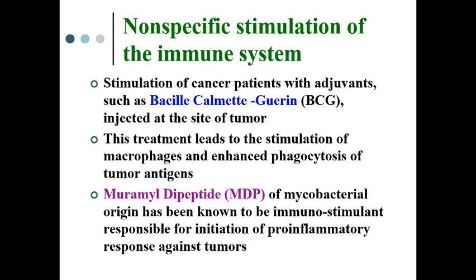The macrophages being antigen presenting cells, since they invade the tumor area because the BCG is being injected there, they will start engulfing the tumor cells which are dead, as well as they will start processing the antigens of the tumor and start presenting them to the T lymphocytes, especially CD4 T cells as well as CD8 T cells, thereby enhancing the T cell response at the site of the tumor because of the presence of strong adjuvant, especially BCG.